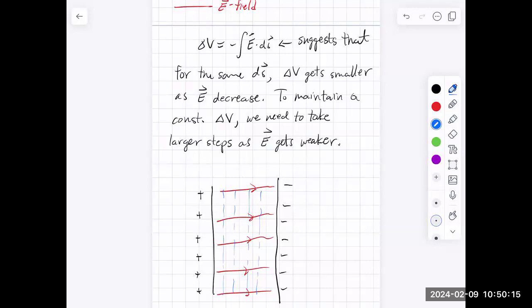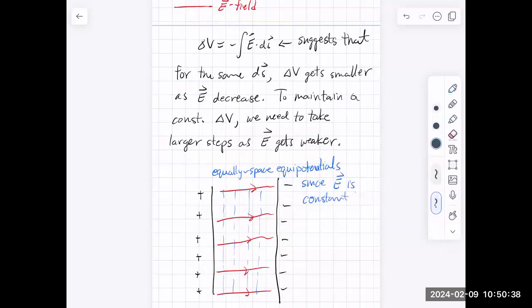So these are equally spaced equipotentials, since E is constant between our charge sheets.